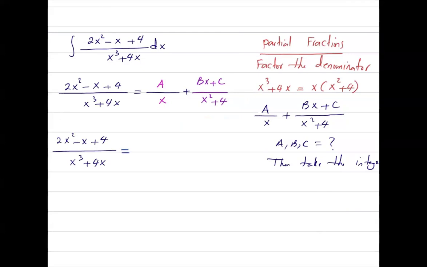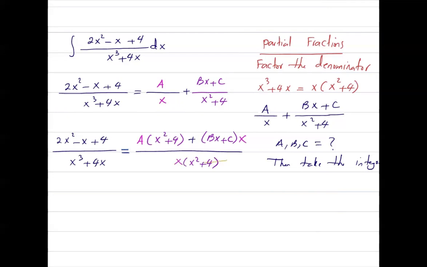So when you take the common denominator, this is A times (x squared plus 4) plus (Bx plus C) times x. The denominator is the same as on the left-hand side: (x squared plus 4) times x.